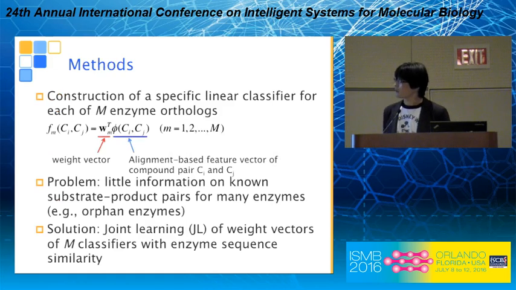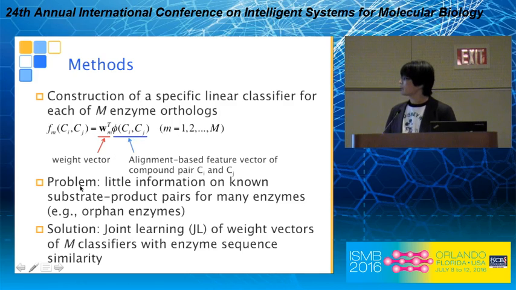And here's the method. We constructed a specific linear classifier for each of the M enzyme orthologs, and this is the equation to explain this strategy, where W represents a weight vector for the feature vector of a compound pair, and phi represents the alignment-based feature of the compound pair, which I explained in an earlier slide.